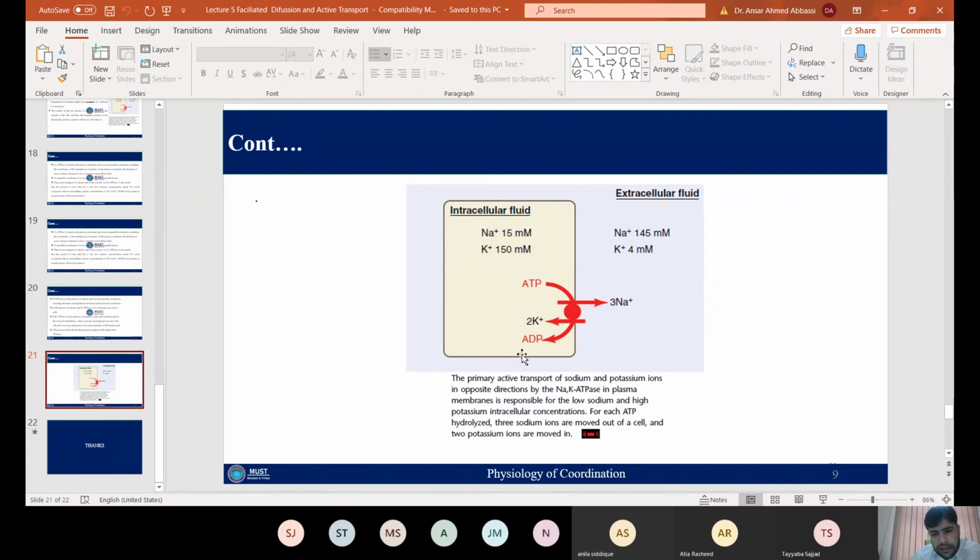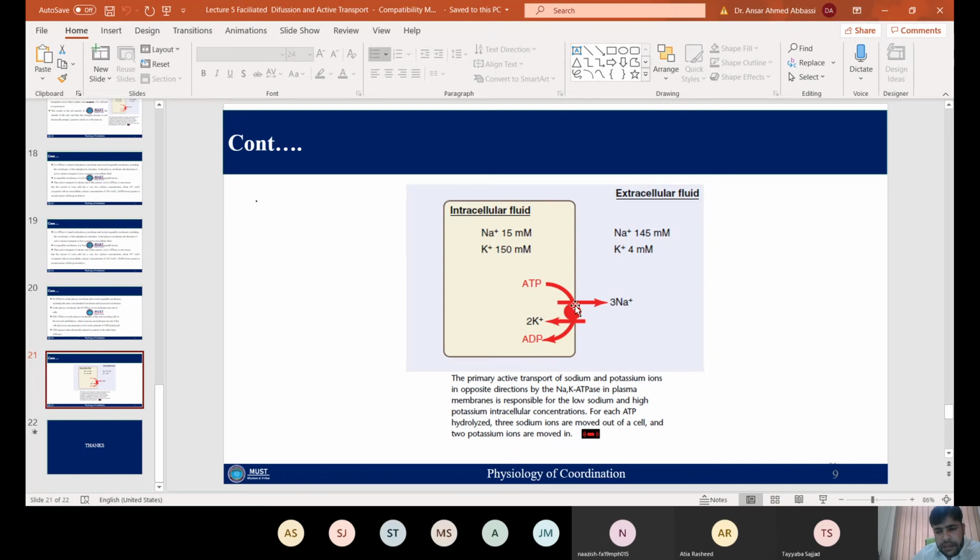Okay, here we have discussed that the concentration of sodium is more on the extracellular side, and sodium has low concentration on the intracellular side, and similarly potassium has higher concentration on the intracellular side and lower concentration on the extracellular side. So what will happen with the help of the sodium potassium ATPase pump?